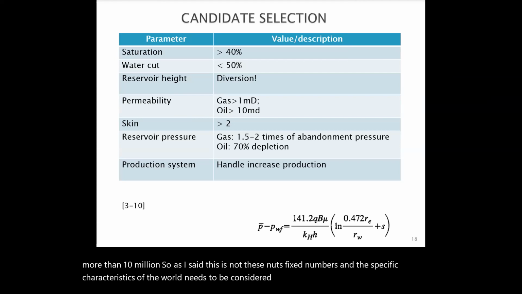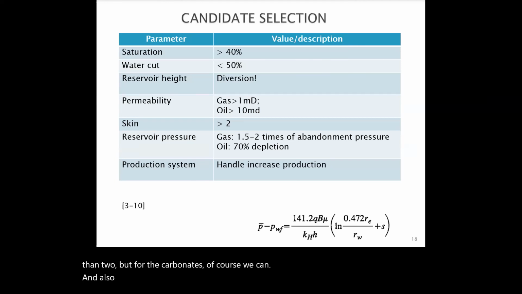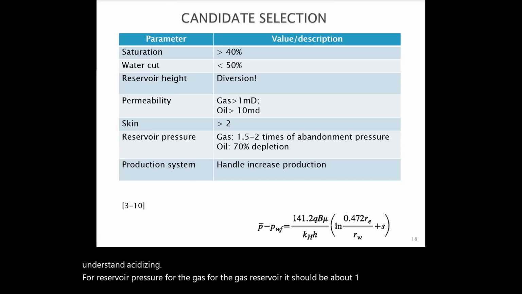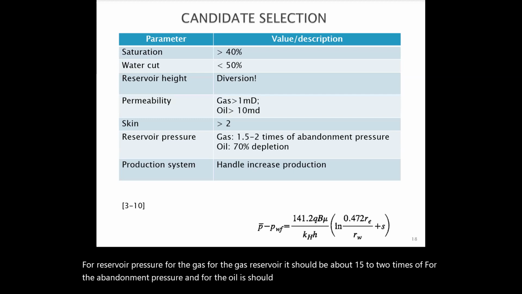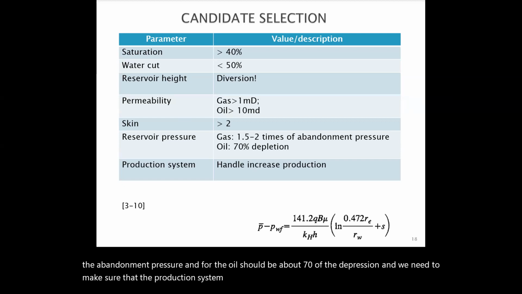The skin normally should be more than 2, but for the carbonates, of course, you can also do stimulation for zero skin or positive skins, but this does not apply for sandstone acidizing. For reservoir pressure, for the gas reservoir, it should be about 1.5 to 2 times the abandonment pressure, and for the oil, it should be about 70% of the depletion. And we need to make sure that the production system can handle the increased production.